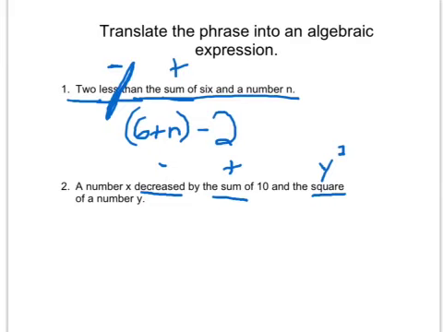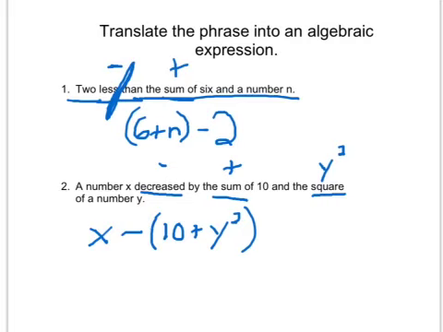I'm going to put things in the order they come. A number x decreased by. We've got more than one operation, so I'm going to need some parentheses here. And I've got a sum. The sum is of 10 and the square of a number y. So 10 and y squared. So number x minus the sum of 10 and y squared.